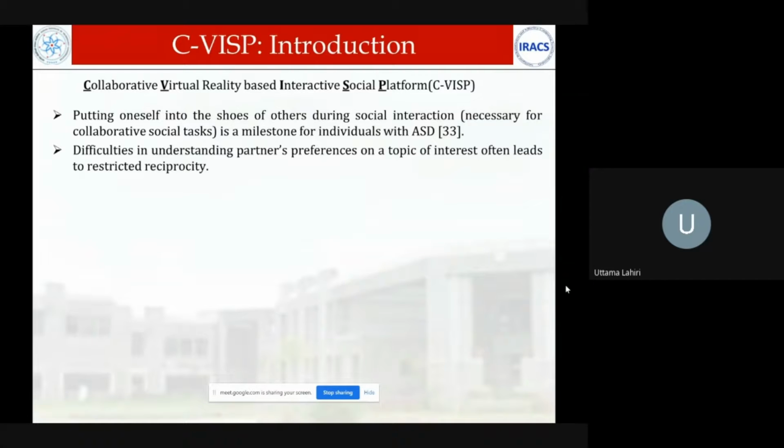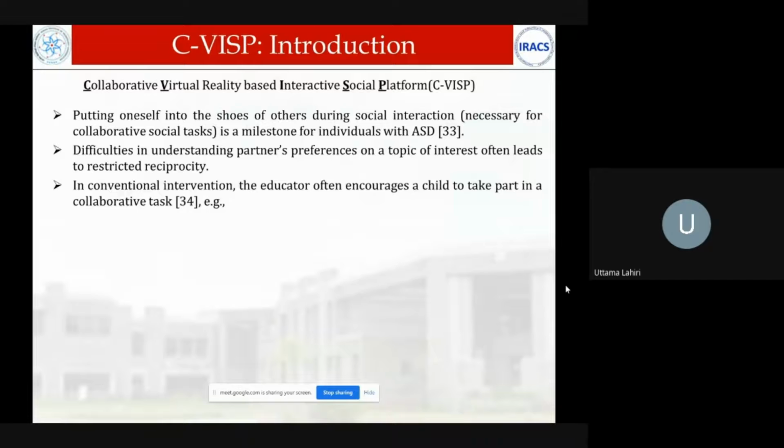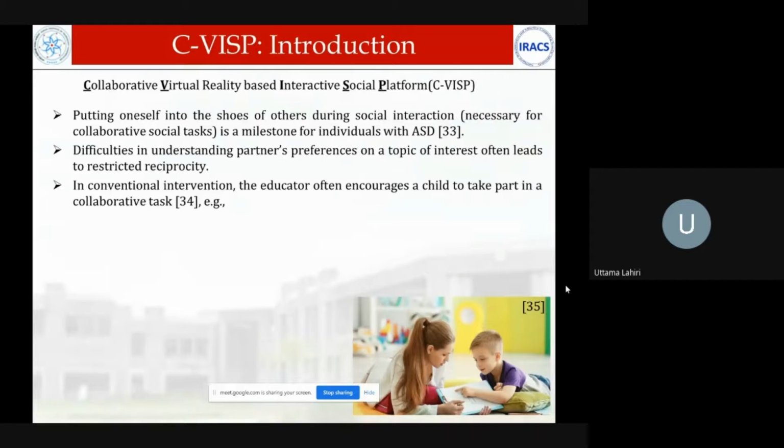So, in fact, understanding the partner's preferences on a topic of interest often leads to restricted reciprocity among the children with autism. So, in conventional intervention, how does the therapist or the educator encourage this notion in the child? The therapist, such as in a drawing task, encourages a child to take part in a collaborative task. The task is, say, building up a painting collaboratively, right? So, for example, as shown in this figure.